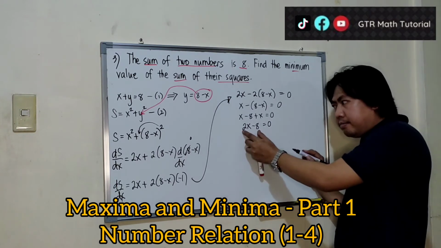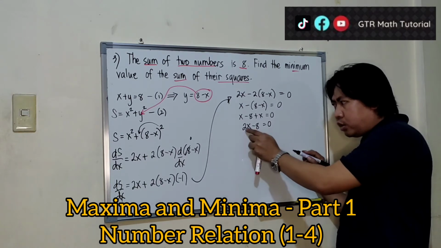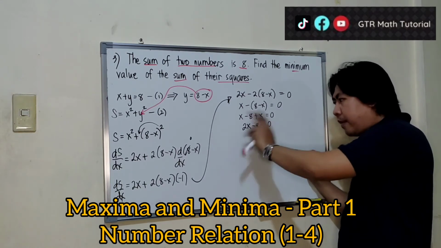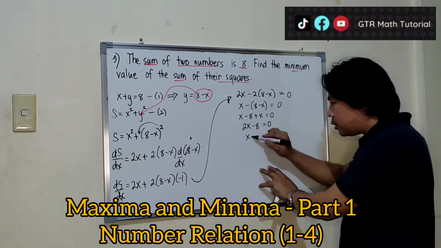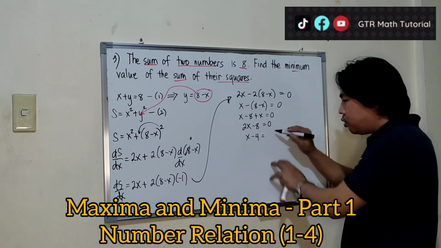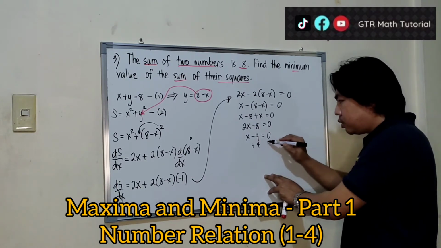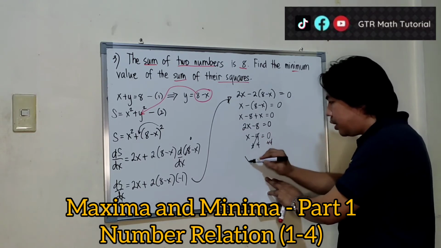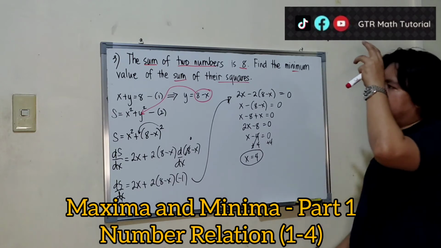Then divide each term by 2, since 8 and 0 are divisible by 2. So divided by 2, this will become x. Divided by 2, this will become 4. Divided by 2, it's still 0. Then add 4 to both sides. So solve for x: therefore, the value of x is equal to 4.